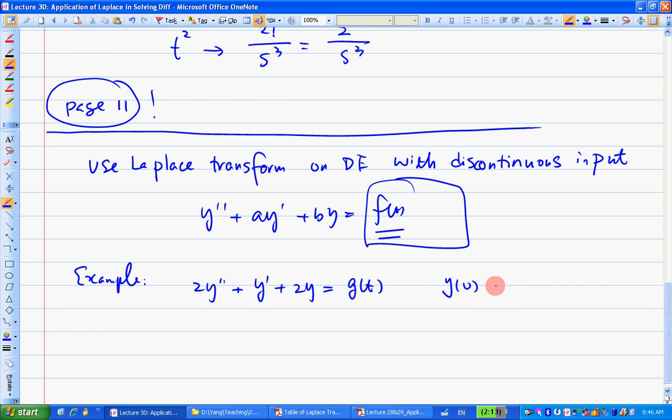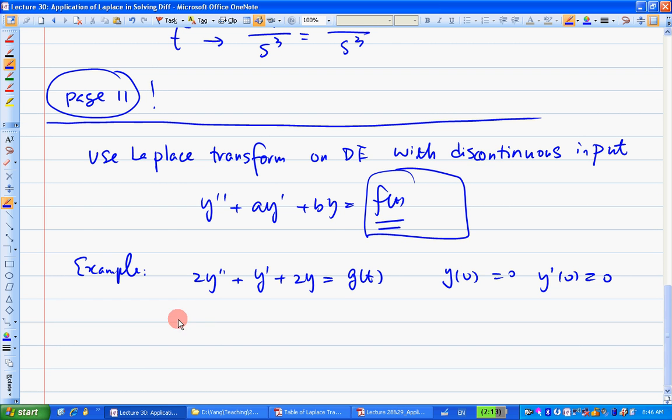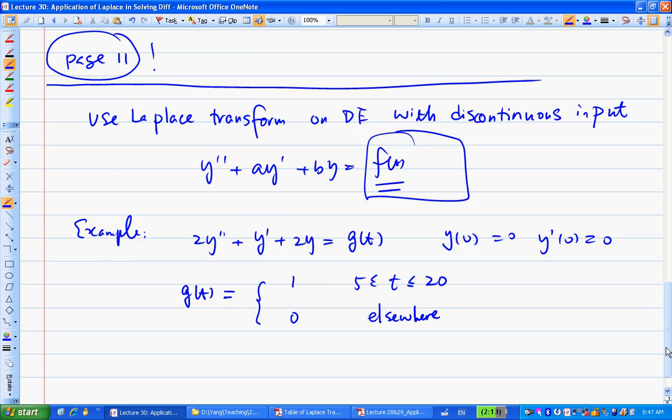And given the initial condition like over here. And now my g of t is this. So this is the g of t here.